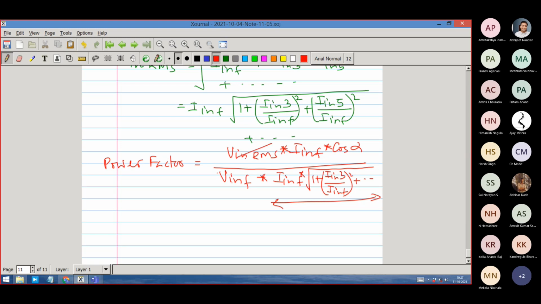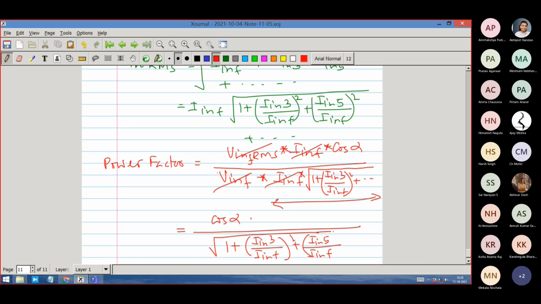You see that V in RMS and V in fundamental are the same, there is no difference, since the input voltage is sinusoidal. So these two quantities cancel, and the power factor is equal to a quantity which is the displacement factor, divided by a ratio like this: I in 3 by I in F squared plus I in 5 by I in F squared plus dot dot dot.